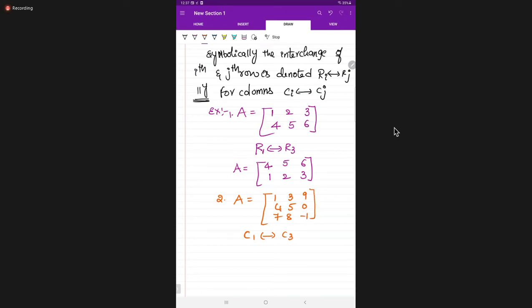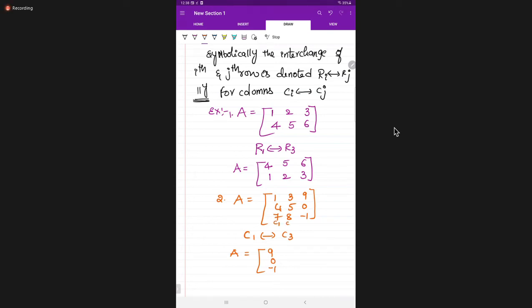C1 interchange C3. Tell me the answer. C1 interchange C3 means we are taking columns, not rows. What is the C3 column? 9, 0, -1.